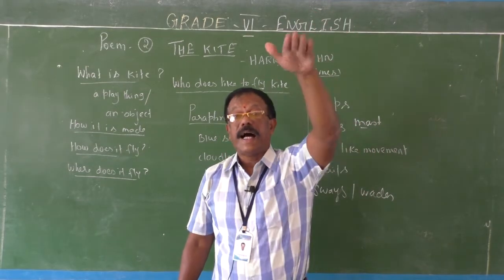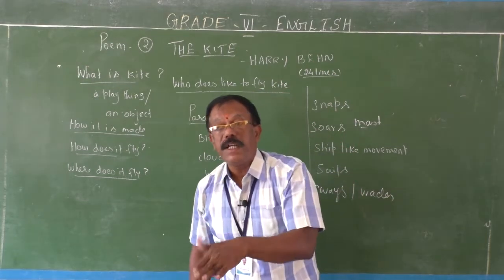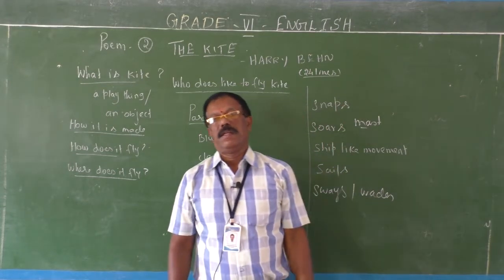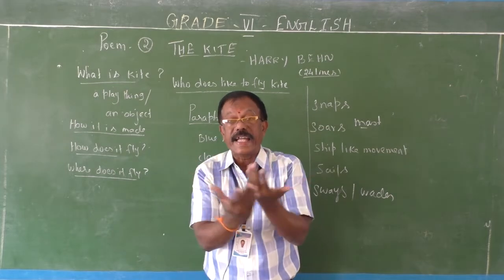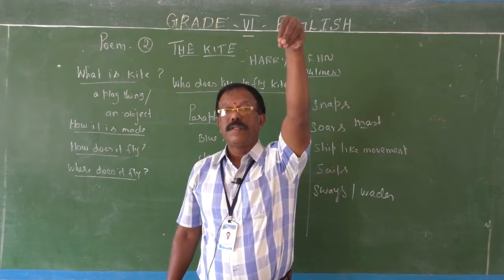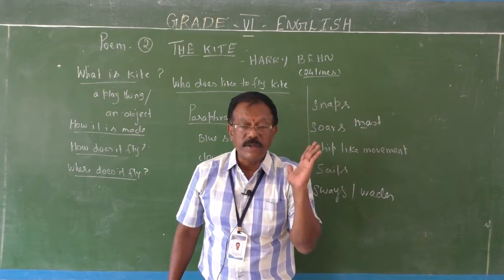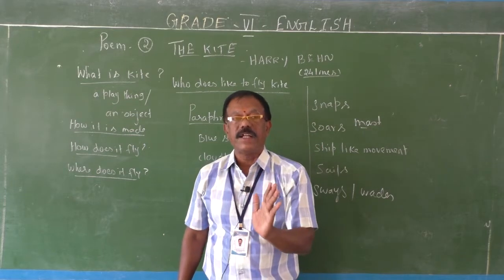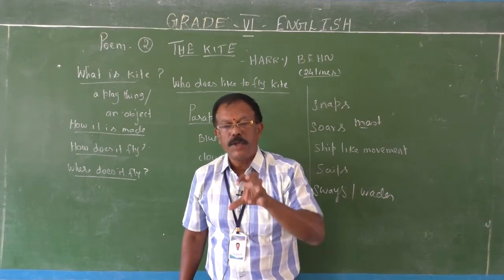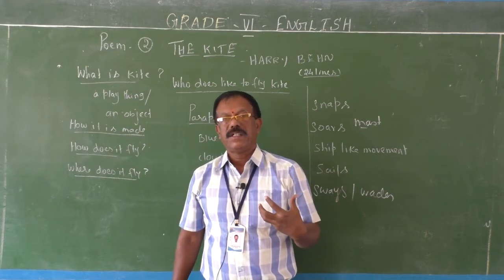This upward and downward movement of the kite is here compared to the upward and downward movement of the ship. The sail which is attached with the mast of the ship helps the ship to rise up. It stops and blocks the air and directs the air towards the ship, so it propels the ship to move so fast in the front with the help of the force of the air.